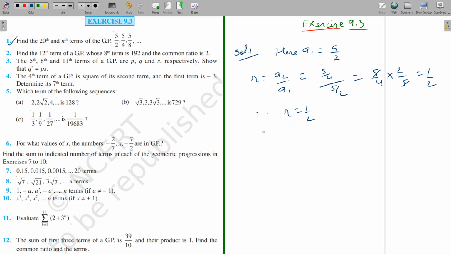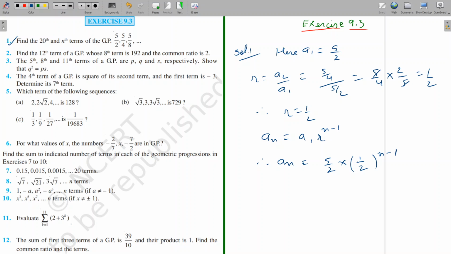So we'll apply the formula of the nth term of the GP, that is a_n equals a_1 into r raised to n minus 1. Therefore a_n equals 5/2 into (1/2) raised to n minus 1.